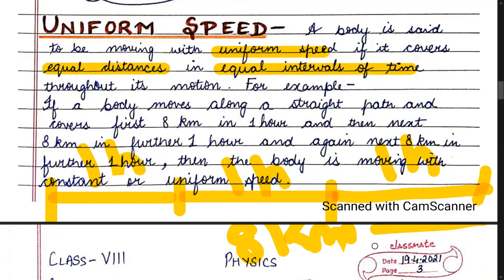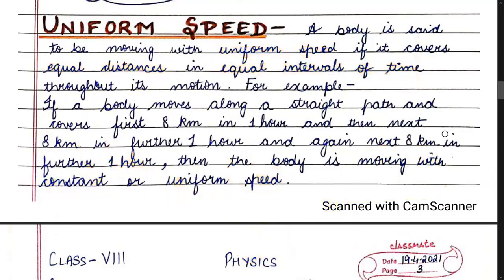What does it mean? It means that the body is moving with constant speed. It is not increasing or decreasing its speed. Children, if the speed was increased, it would have covered more distance in an hour. And if its speed was decreased, if it was going slower, that means in an hour it should have covered a small distance because it is going slowly.